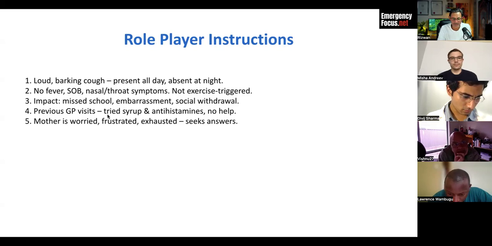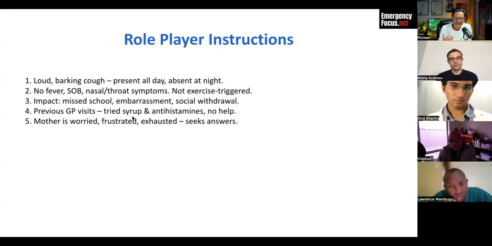And they would have tried everything, which means that any organically triggered cough would have responded to antihistamine if it's allergy related. If it's related to asthma, it would have responded to a bronchodilator, either a short-acting or long-acting bronchodilator, or inhaled corticosteroids.